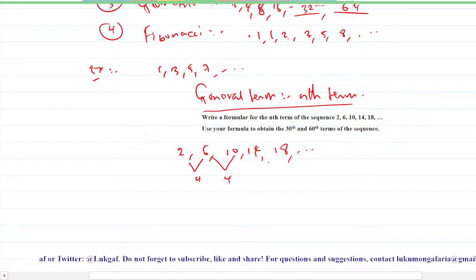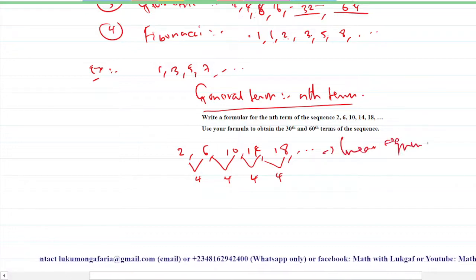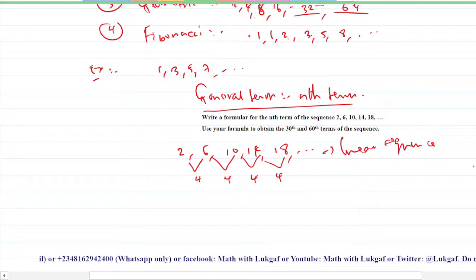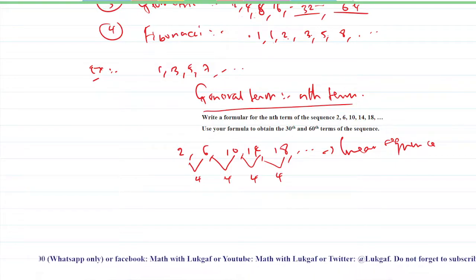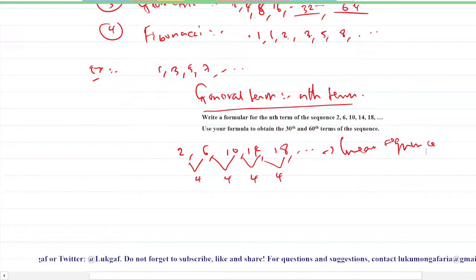So when the consecutive terms increase or decrease by a constant term, we call it a linear sequence. So how do you find a general formula for the nth term of a linear sequence? It is not difficult to do. You can use any method of your choice. The main thing is to arrive at the final answer.